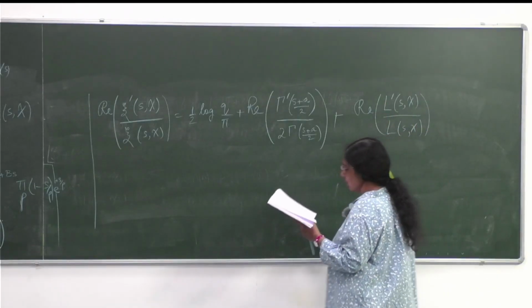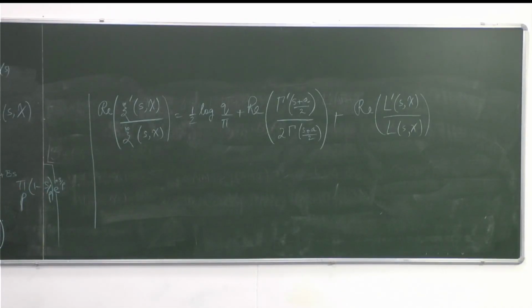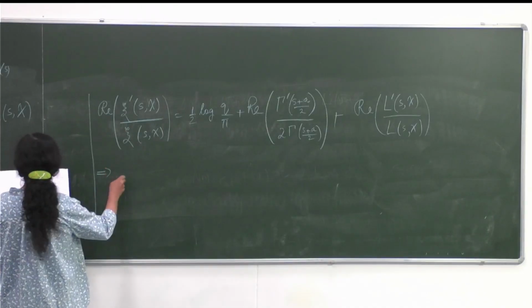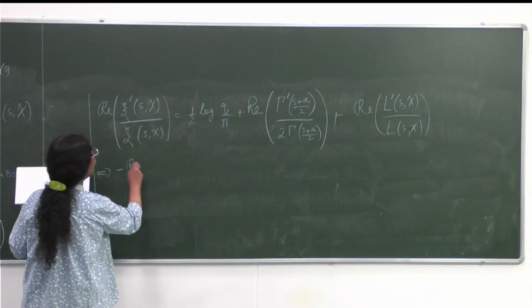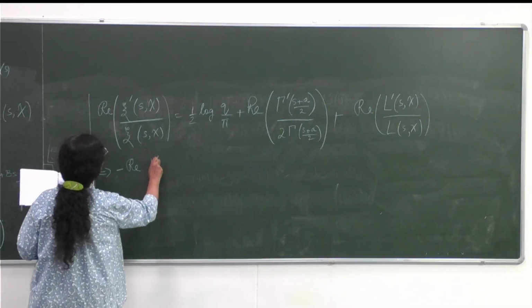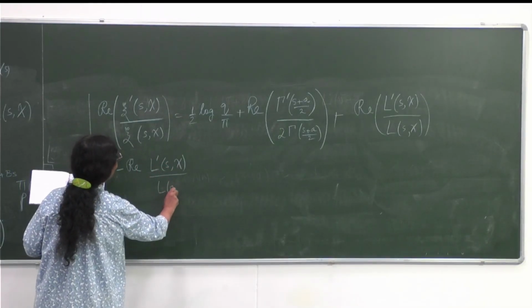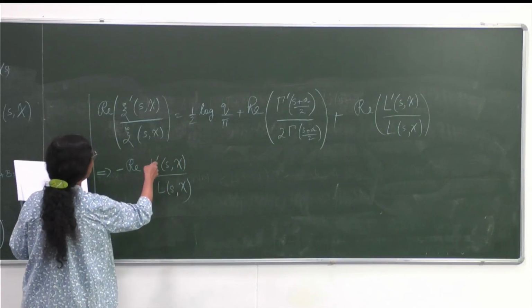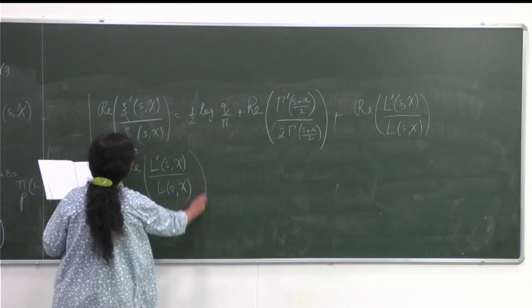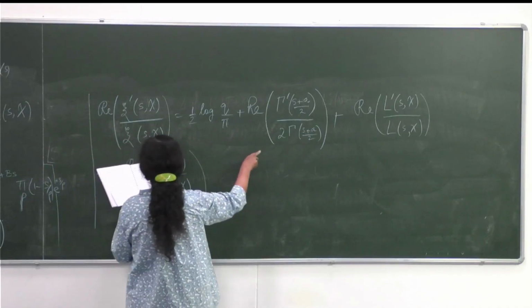All right. So now separate this and bring it out on one side. Which one am I going to bring? The last term over there: minus the real part of L prime of (s, chi) by L(s, chi). I write it on one side, and then all these other terms are equal to this one plus this one plus this.